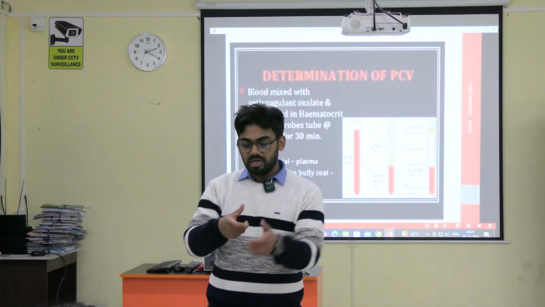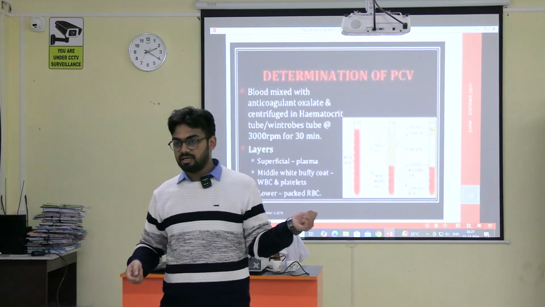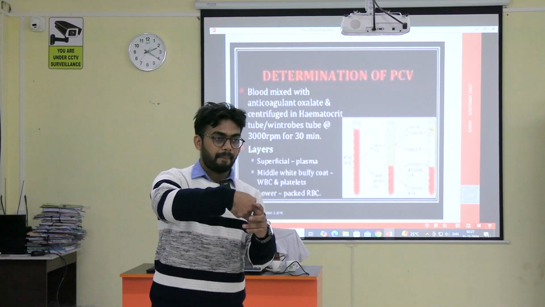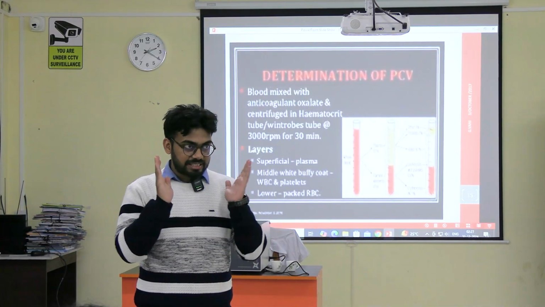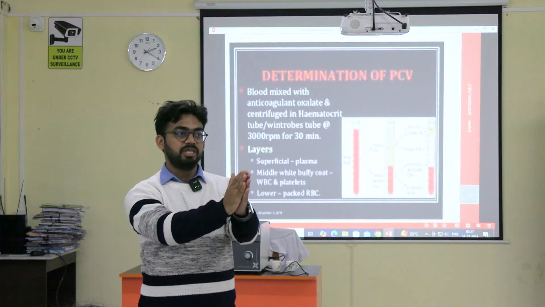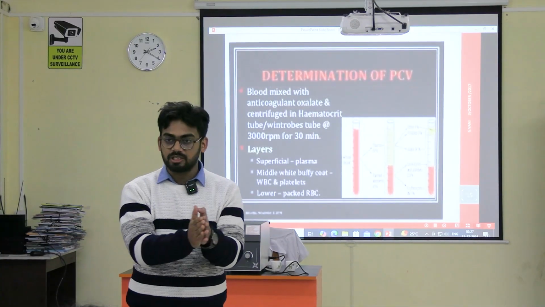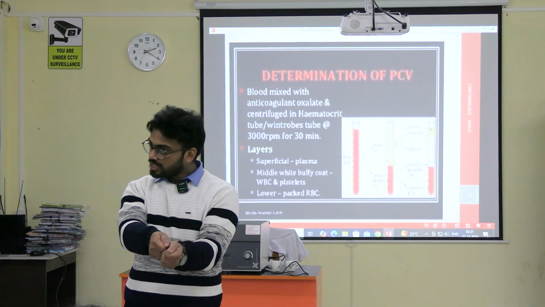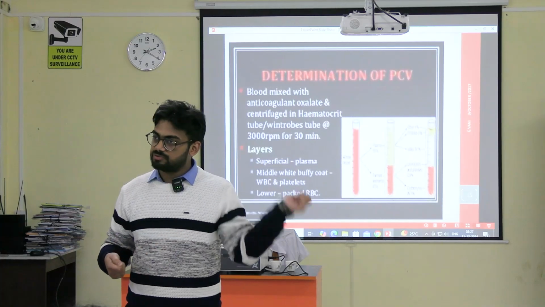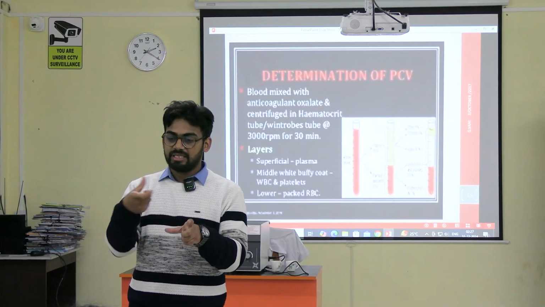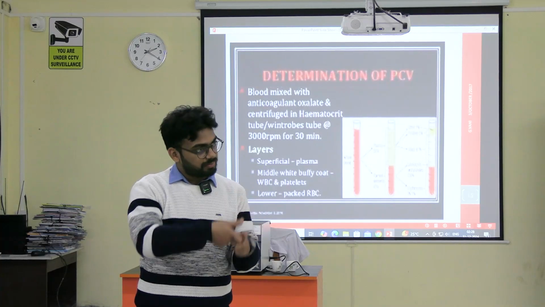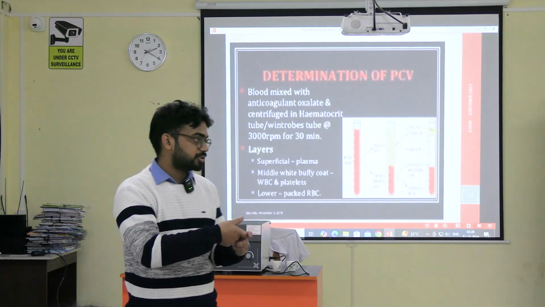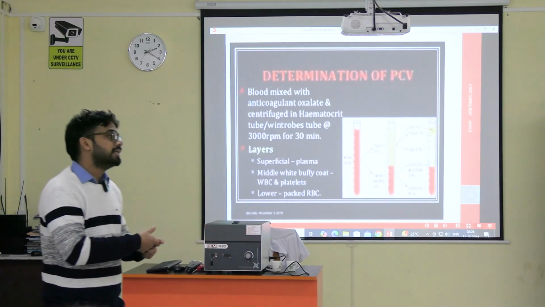So after taking the blood, we remove the needle and then slowly fill the tube. If blood travels through a narrow space at very high speed, there is a high chance of hemolysis. So we remove the needle and place the blood in the tube in a slow, steady way, so that the cells do not hemolyze.